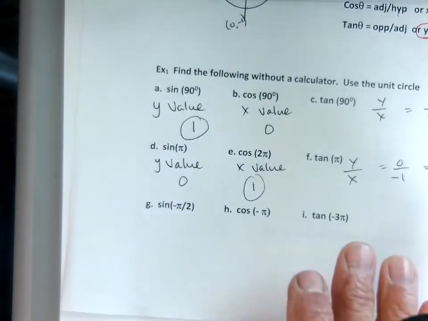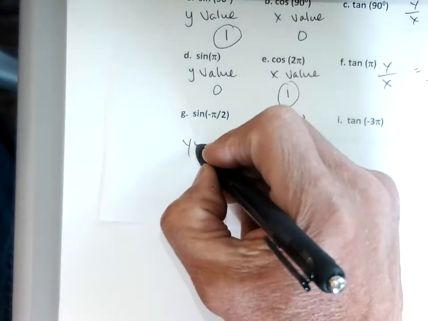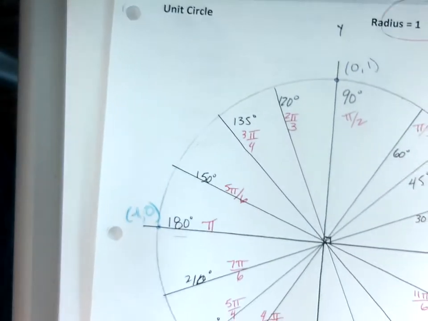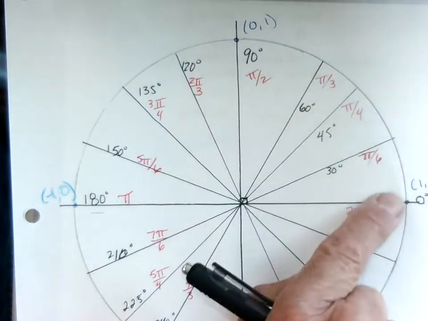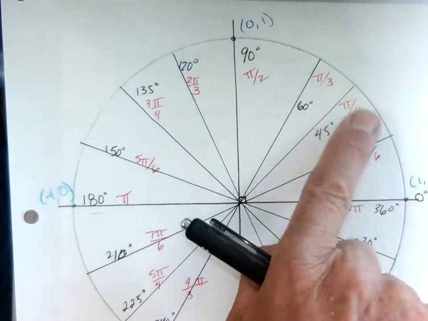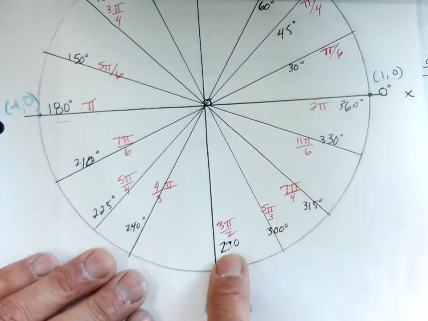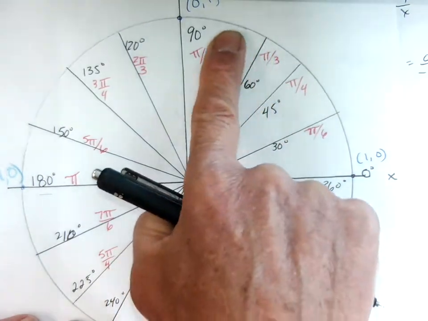Now, sine of negative pi halves. Okay, here's a rotation. Think about rotation. It's a y value. But think about a rotation. On my circle, pi halves is here. So negative pi halves is to rotate the opposite direction. Negative pi halves is here. Let's show it again. A rotation of pi halves is to here.